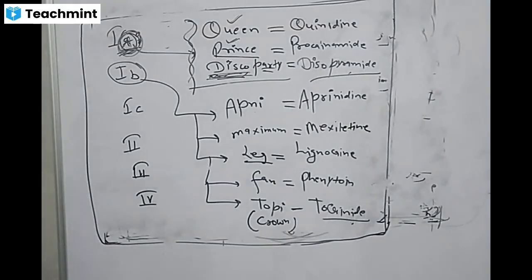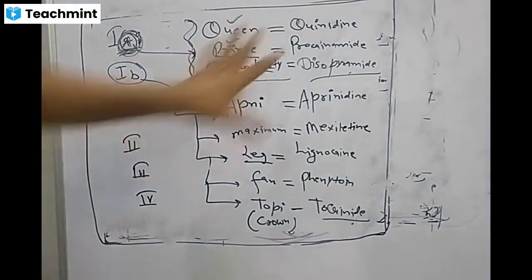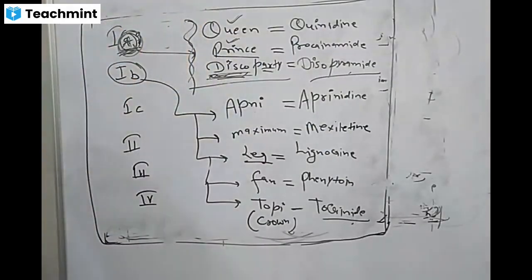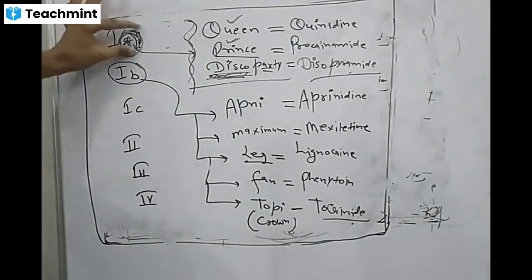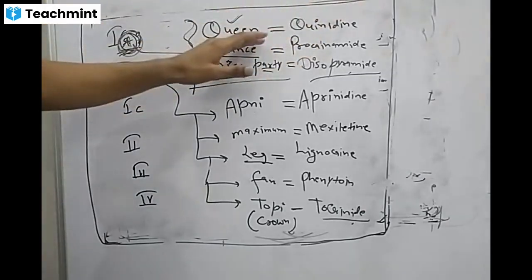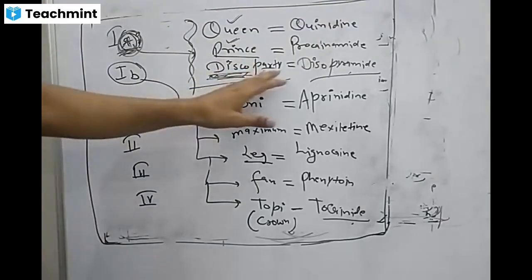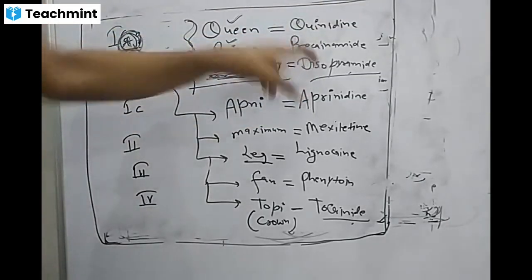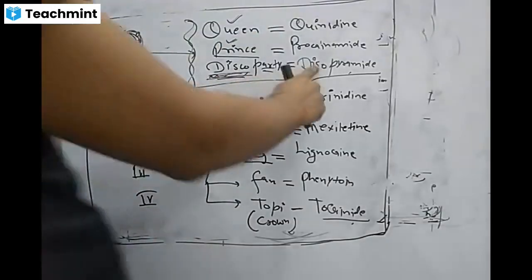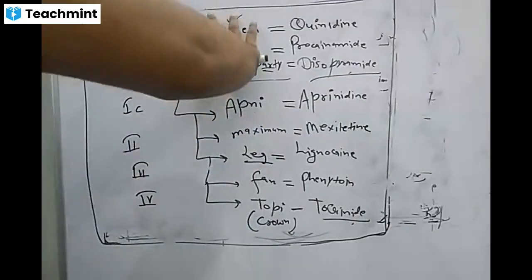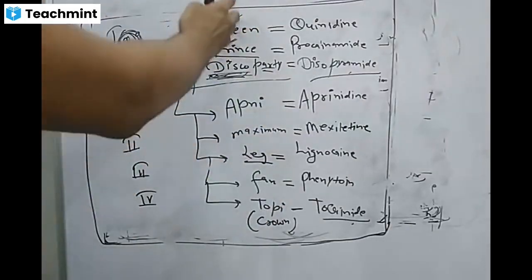So these are the examples given in your books, and if you divide them as per the living standard, the class A people live their life like a queen, like a prince. They also go to disco parties. So quinidine, procainamide, disco party, disopyramide. And the 1B people come in contact with them and help them whenever they need.